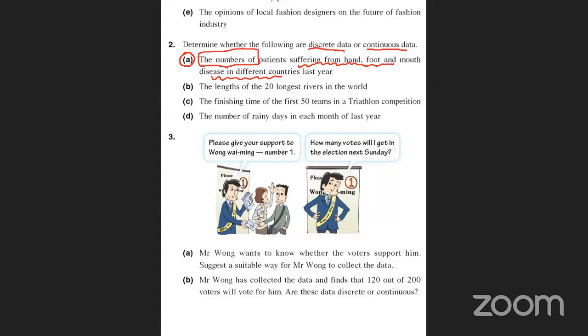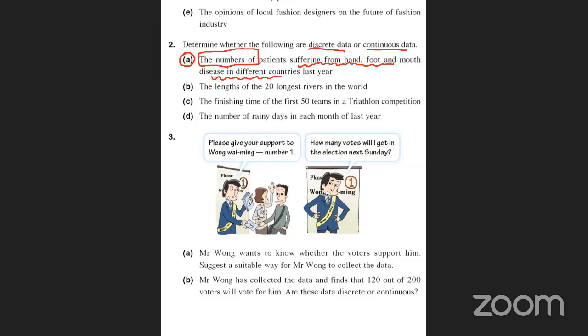And then these keywords can already help me to tell whether the data is discrete or continuous. Right, discrete. Okay, because for number, we can have only 1 or 2, 3, 10, 11, something. We cannot have 0.3 patients. Therefore, the number of are already the keywords.